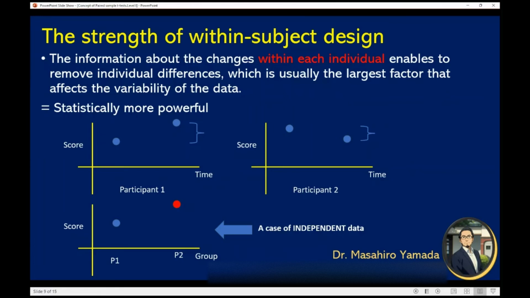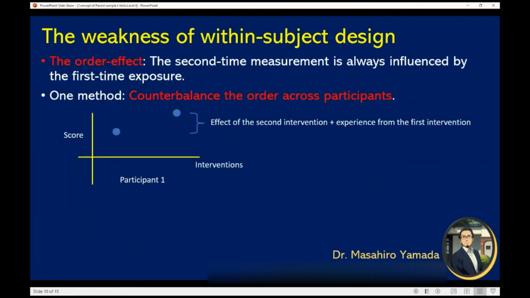The weakness of a within subject design is the order effect, because the second time measurement is always influenced by the first time measurement. For example, let's say condition 1 and condition 2.